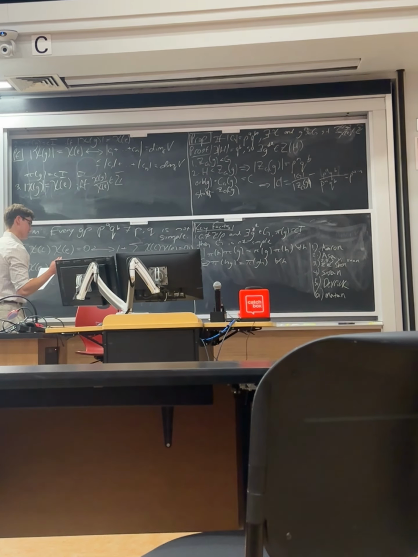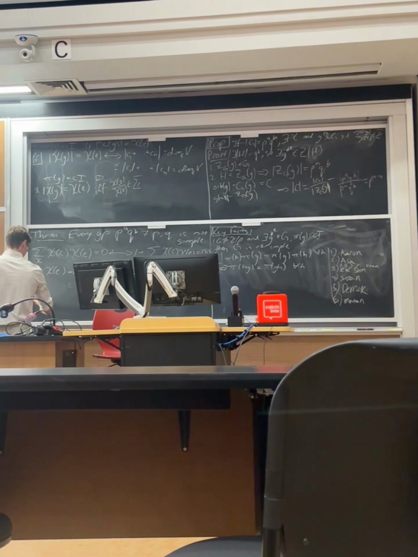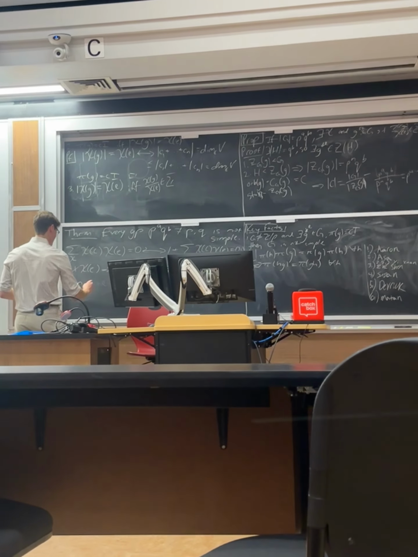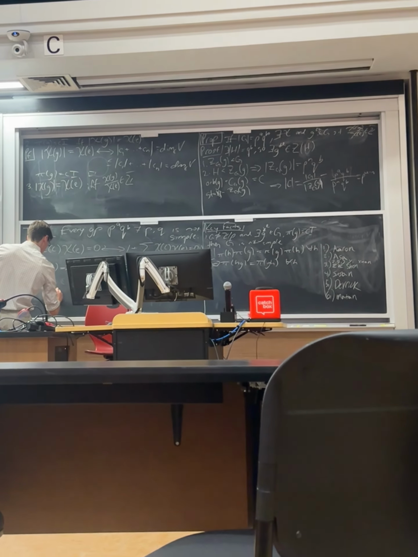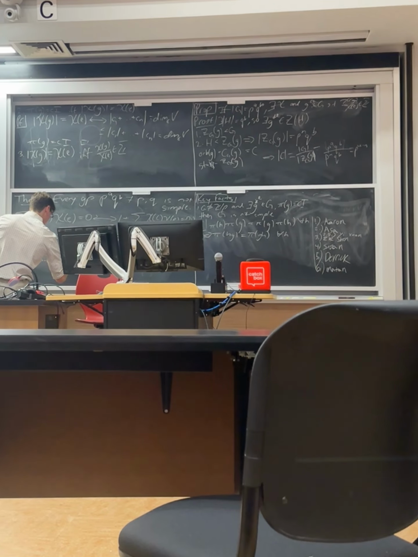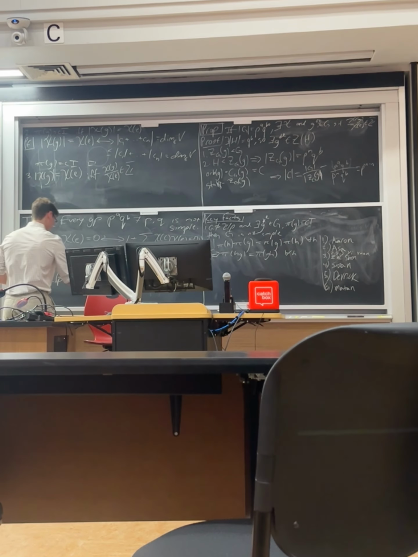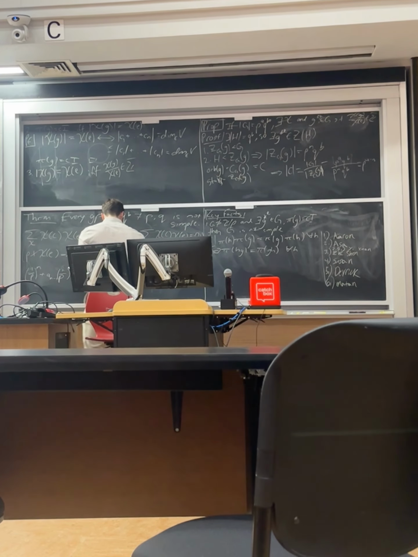What could be wrong with that? So 1 over p being an algebraic integer means that there exists a monic polynomial such that it evaluates to 0 at 1 over p.